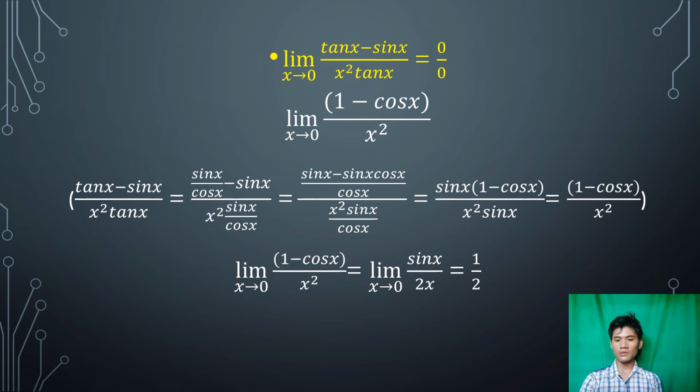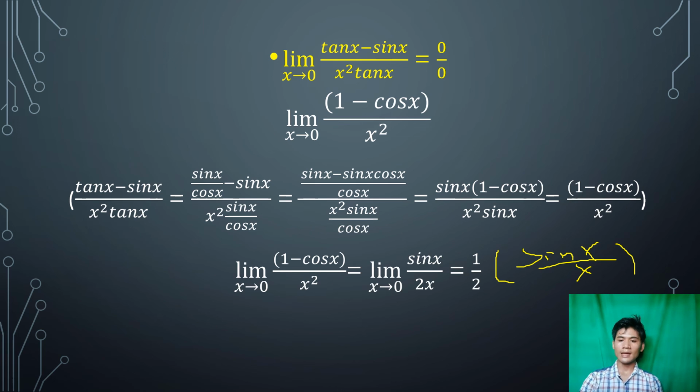Applying L'Hopital's rule, we have the limit of sine x over 2x as x approaches 0, which is equal to 1 half. 1 half, because as you observe here, 1 half multiplied by sine x over x will be equal to sine x all over 2x.